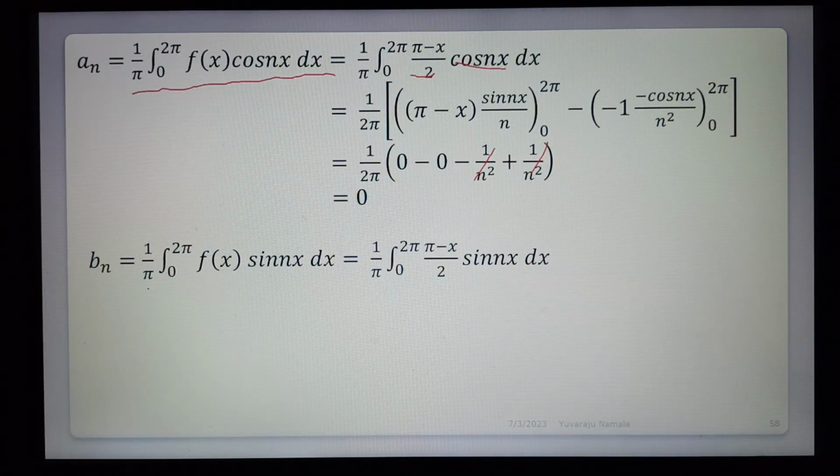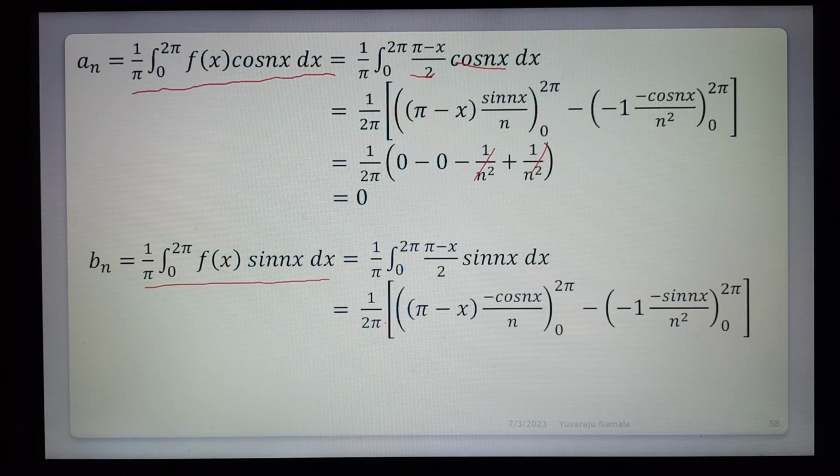Next, bn is 1 by pi into integration 0 to 2 pi of f of x into sin nx dx, that is equal to 1 by pi into 0 to 2 pi of 5 minus x by 2 into sin nx dx. Taking 1 by 2, this is u, this is v: 5 minus x into the integration of sin nx, which is minus cos nx by n, from 0 to 2 pi, minus the derivative of 5 minus x, which is minus 1, into the integration of sin nx, which is minus sin nx by n square, limit 0 to 2 pi. 1 by 2 pi into 5 minus 2 pi into minus 1 by n, cos 2n pi is 1, next at x equal to 0, lower limit, minus 5 by n.